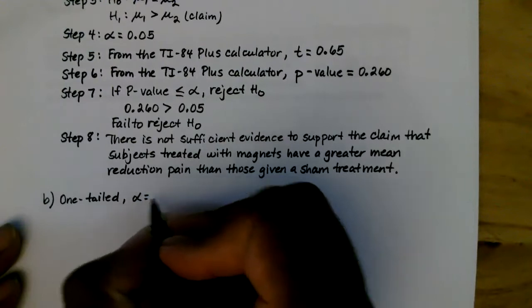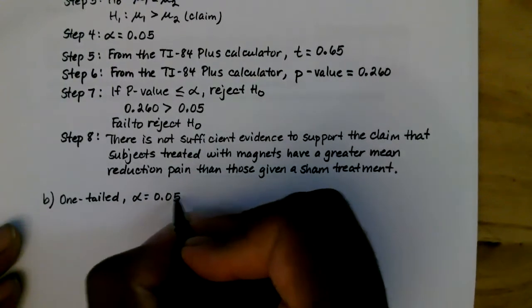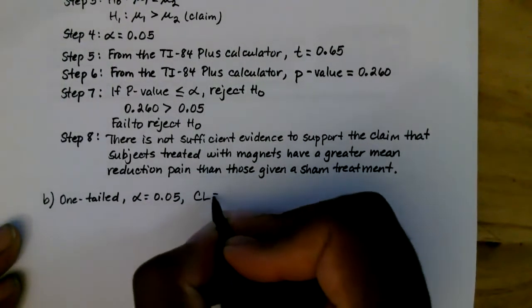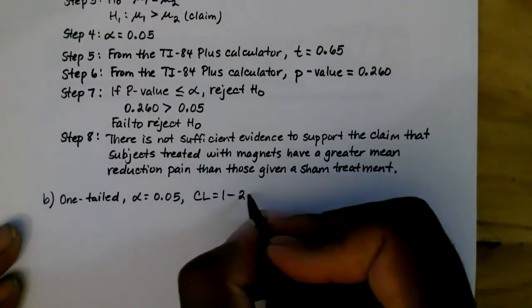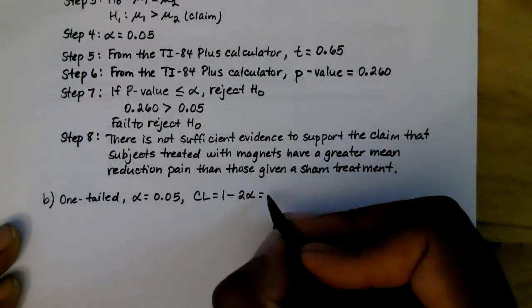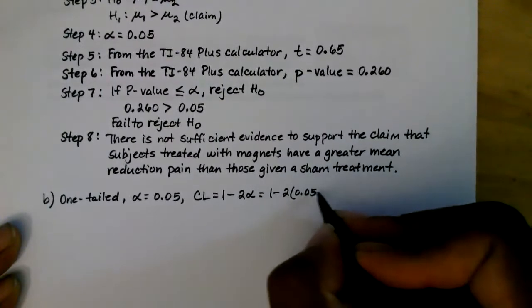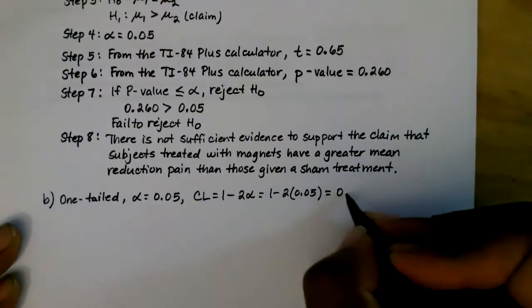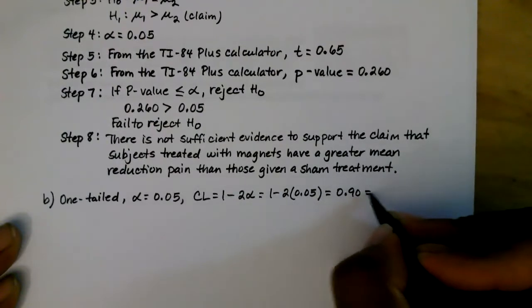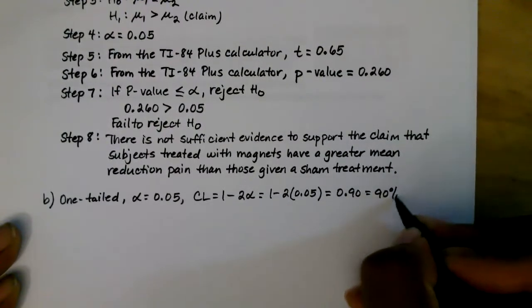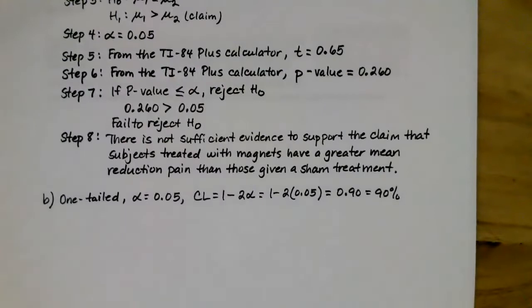And our alpha level is 0.05. That means our confidence level will be 1 minus 2 times alpha, or 1 minus 2 times 0.05, which gives us 0.90, or 90%. So we're dealing with a 90% confidence level.